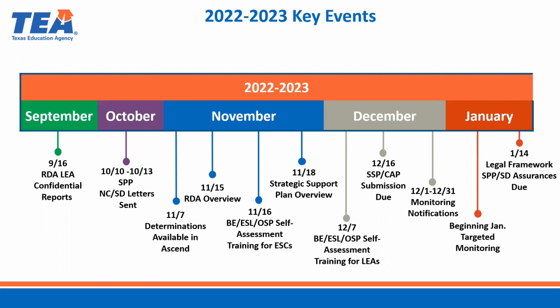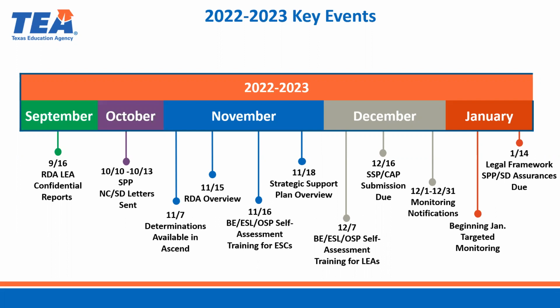State Performance Plan noncompliance notifications and significant disproportionality, or SD notifications, were distributed to LEAs between October 10th and October 13th. RDA determination levels were uploaded into the Ascend Texas application on November 7th.